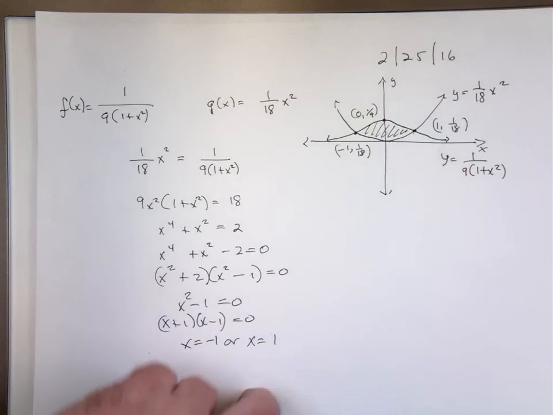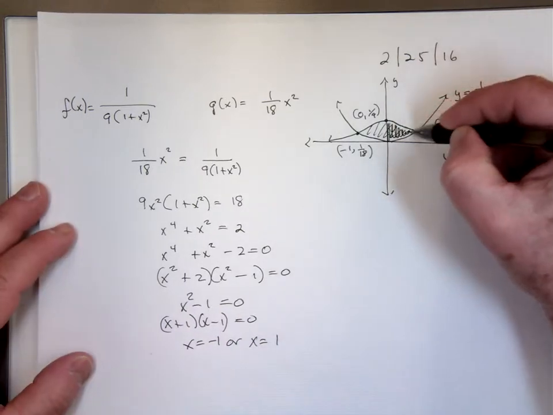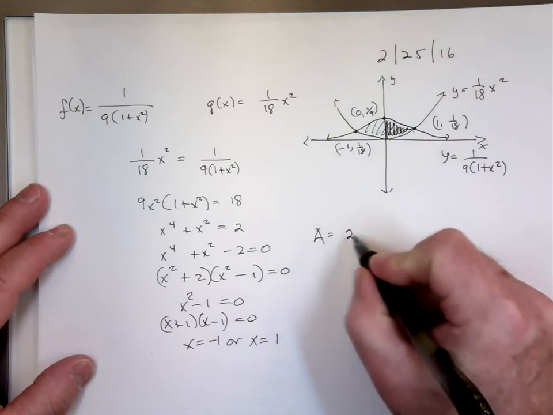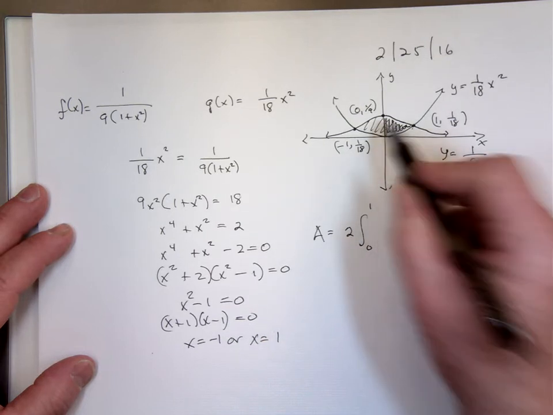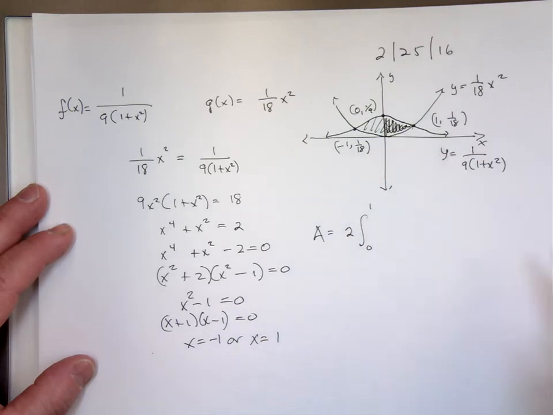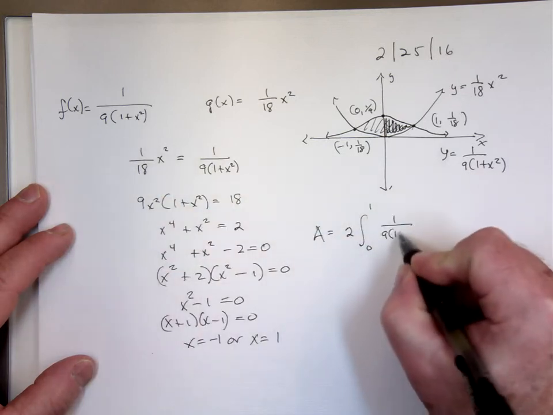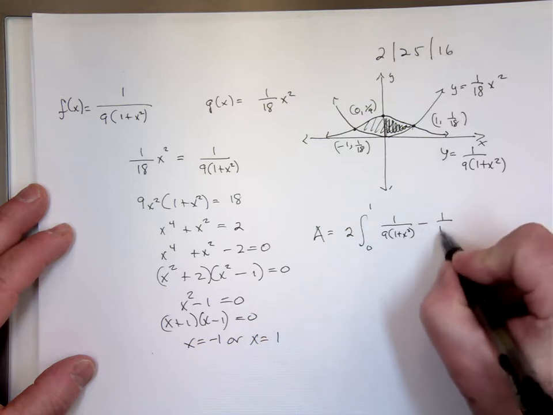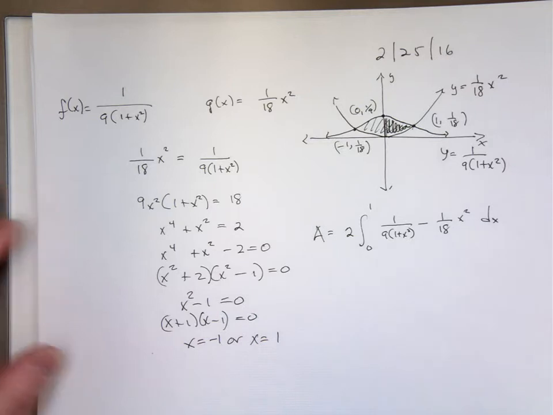All right, so here's what I'm going to do. To find the area bounded by these two is twice the area from 0 to 1. I'm taking this area right here, multiplying by 2, of the top function minus the bottom function.